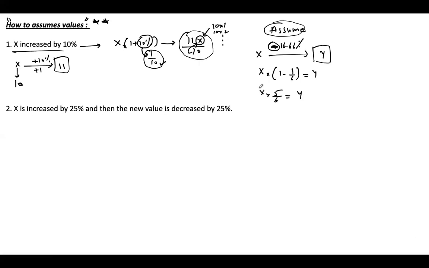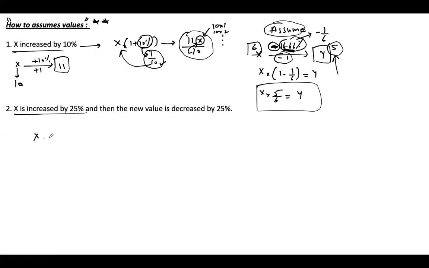We could assume x to be 6. Whatever is coming in the denominator of this value, just assume that. 16.66% would be 1/6 of this value, which is 1. The new value would be 5. Look at the denominator, and the same you'll assume.